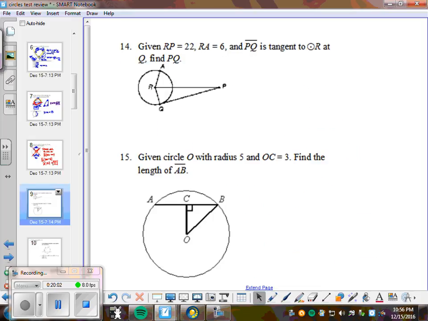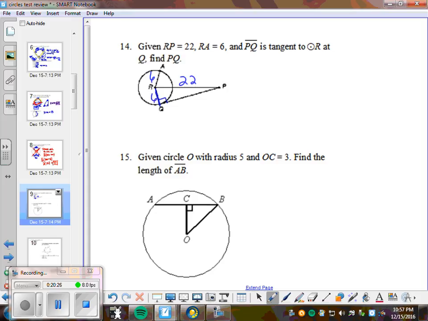Number 14. Given RP is 22, RA is 6, PQ is tangent, so this makes the radius and the line 90 degrees. So you have a right triangle.